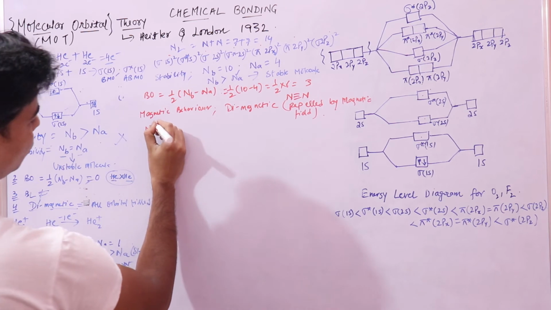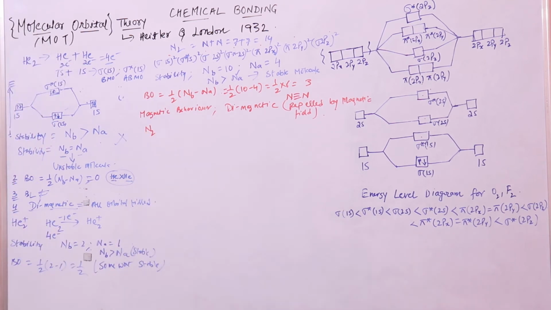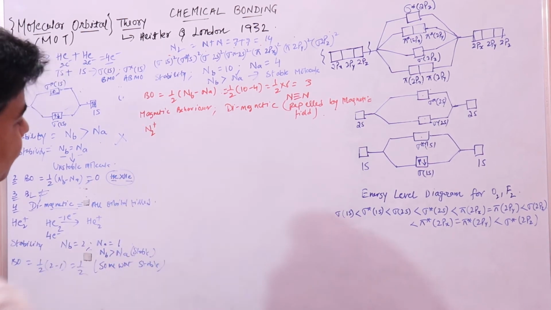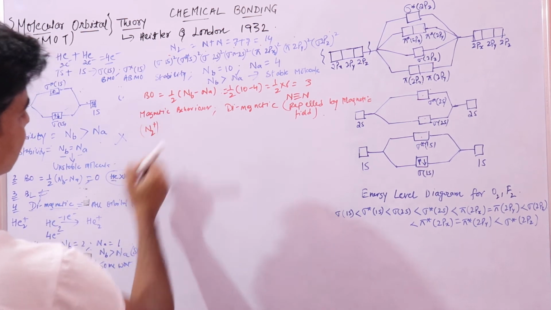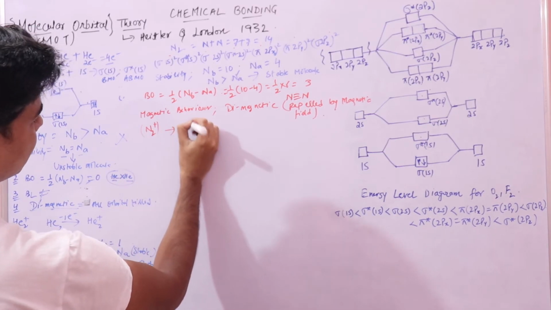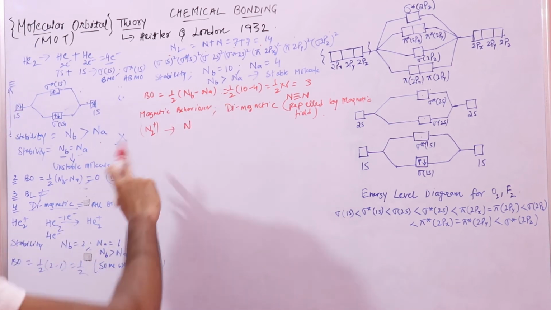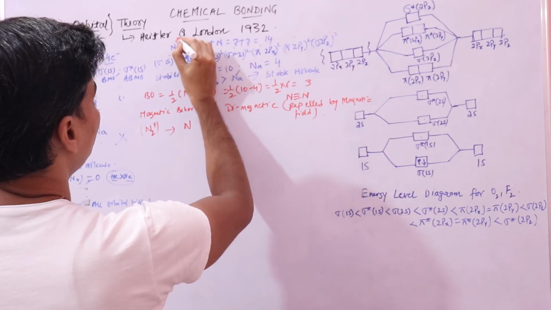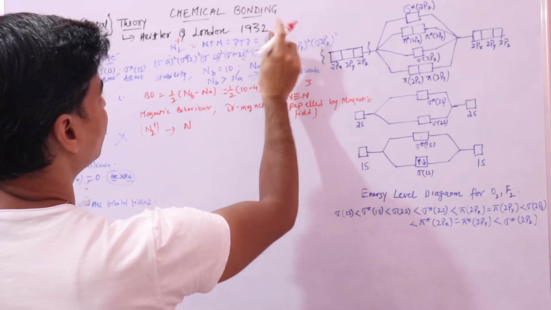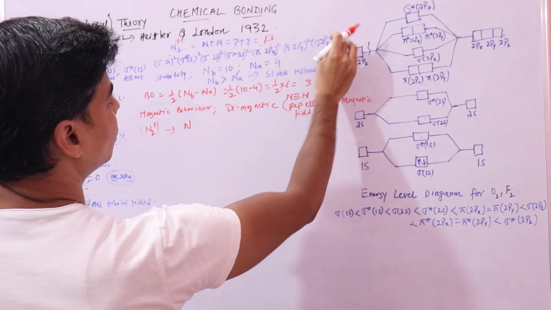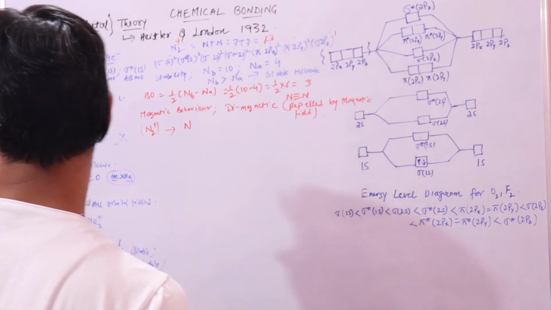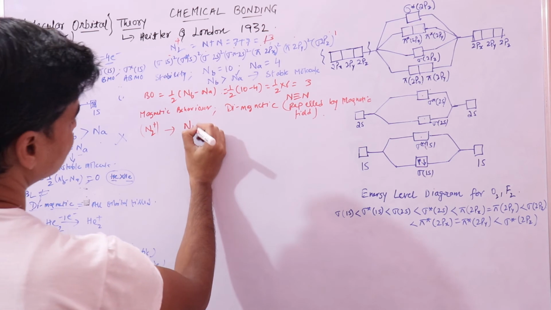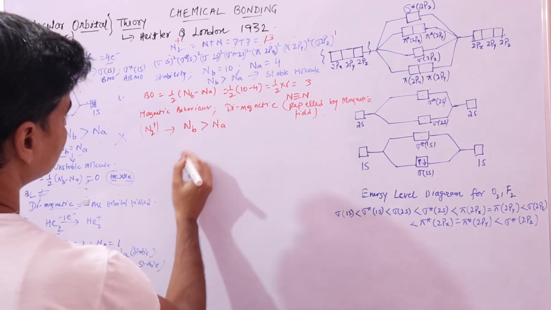If I talk about N2, N2 plus, N2 minus, N2 2 minus, then what? If I take N2 plus, whether this molecule exists or not? If I take N2 plus, that means I'll remove 1 electron from here. So the electronic configuration of N2 plus will have a total of 13 electrons now. Here you have 1 electron, so still Nb is greater than Na, it exists.